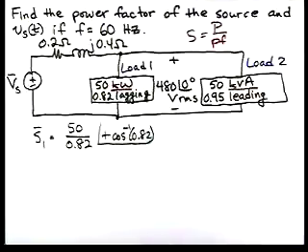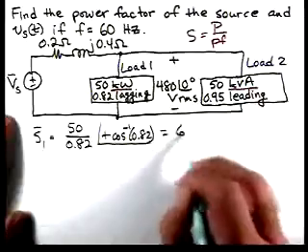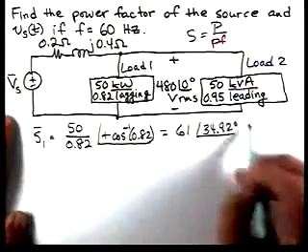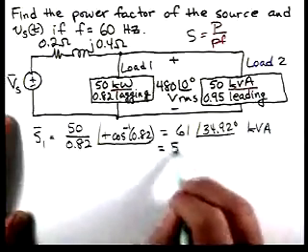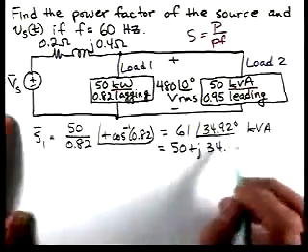Okay. And the angle is positive because it's a lagging power factor. So this is 61 at an angle of 34.92, which in rectangular form is 50 plus j34.92.